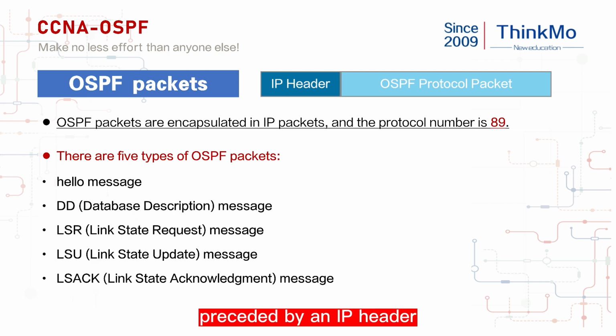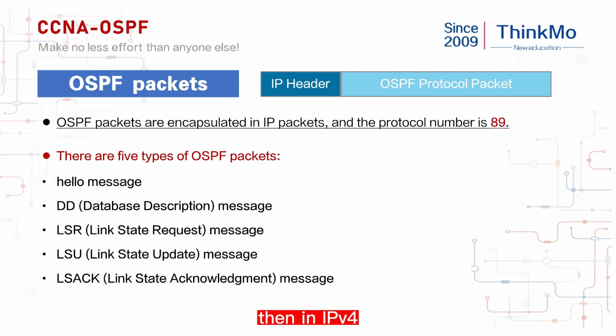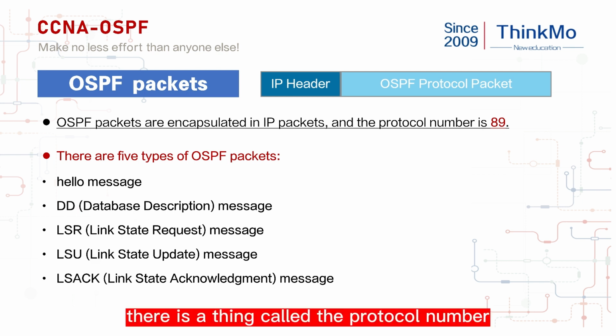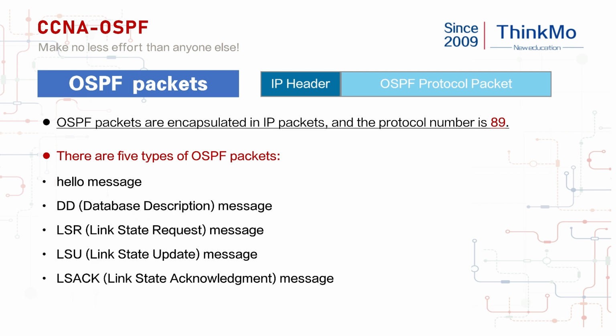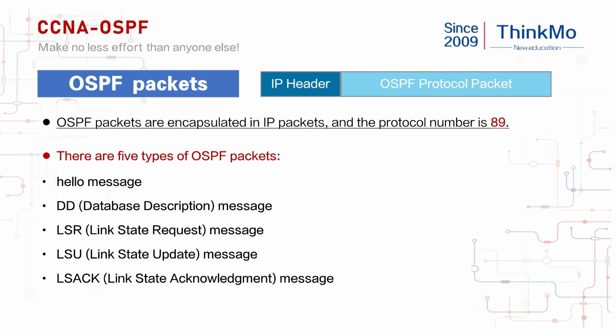Preceded by an IP header. Behind the IP header is the packet of OSPF protocol. Then in IPv4, I have also said, there is a thing called the protocol number. When the protocol number is 89, that means the upper layer is the OSPF protocol. This is a guide from the 3rd layer to the 4th layer.